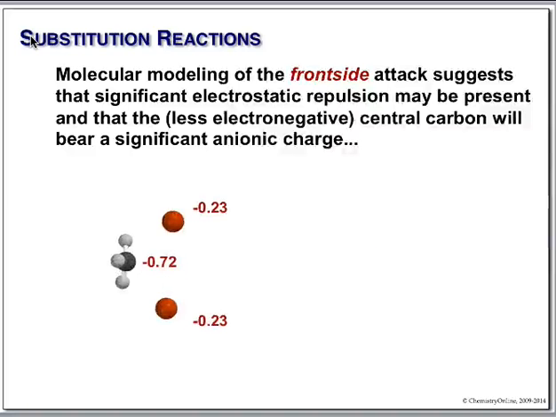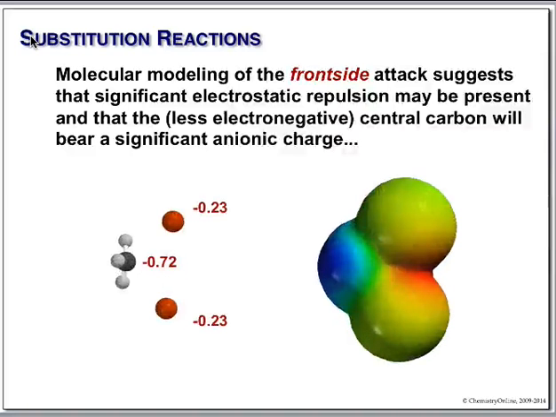One of the things we can do is to calculate the charges on the various species as this transition state happens. And for a front-side attack, what we get here is a minus 0.23 on our entering group, same thing on our leaving group, and a negative charge here on our carbon.